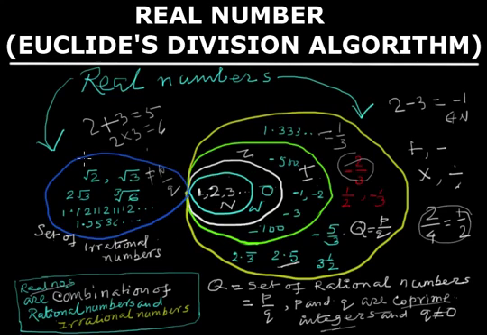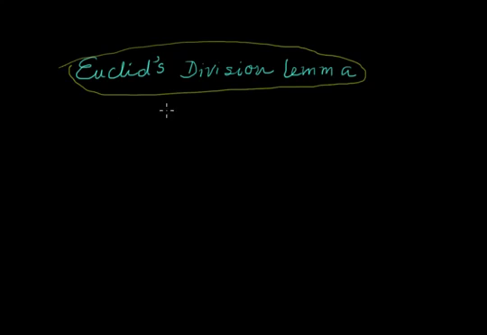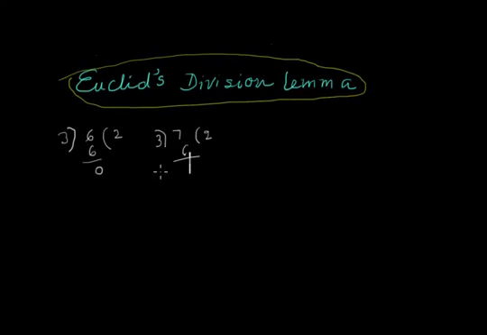Now we'll discuss Euclid's division algorithm. When you divide 6 by 3, you get remainder 0. If you divide 7 by 3, you get remainder 1.